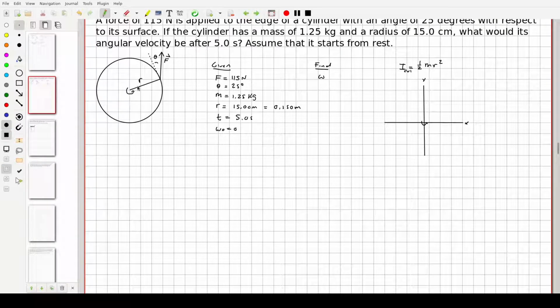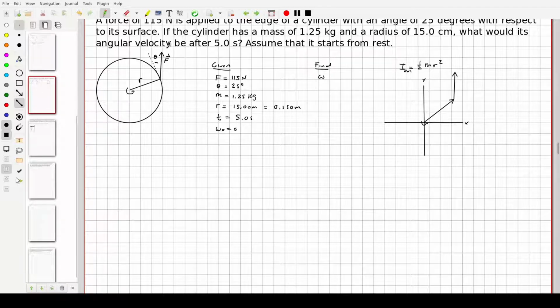So that would be the center of the cylinder. And if you look here, this will be our R, going from the center of rotation to the point on the cylinder where the force is being applied. And this would be the force right here.